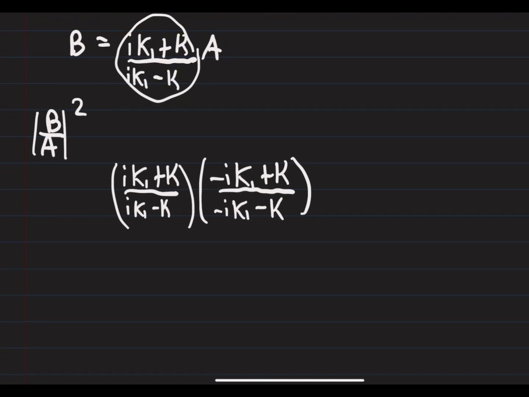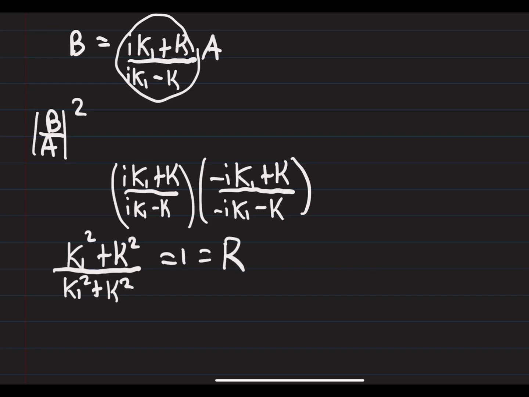And you could go ahead and distribute this. Negative i squared is 1, so that's going to be k1 squared, plus kappa squared all over k1 squared plus kappa squared, or 1. So this is your reflection coefficient, and what it's saying is basically the entire wave is being reflected. Okay.